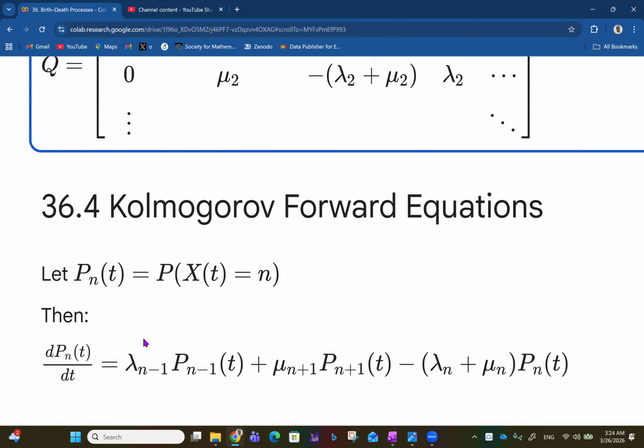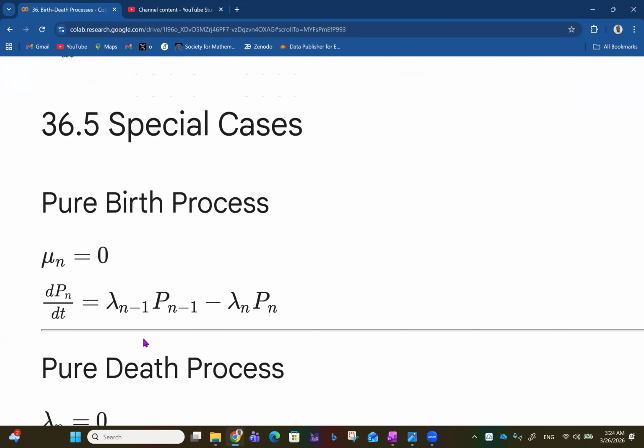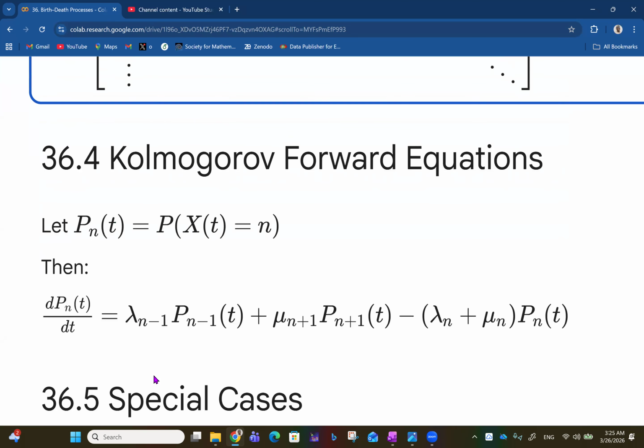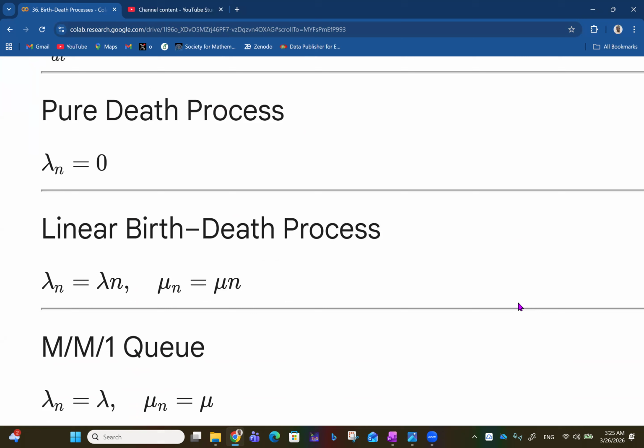That means mu is 0 in the case of a pure birth process, and you have dp n over dt equals lambda n minus 1 p n minus 1 minus lambda n p n. But for a pure death process, there's no birth, so lambda n is equal to 0. And if lambda n is 0 like that, all this will just go this way.